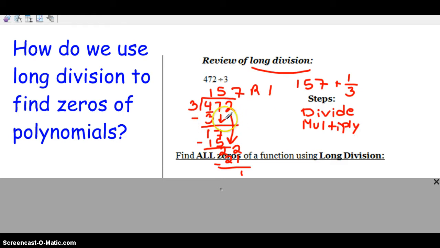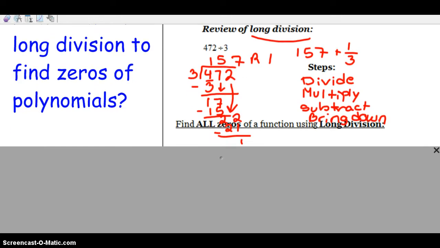You line up. You got to be very neat with your lineup. And then we subtract and bring down. Okay? So these steps hopefully sound familiar, since I know that you spent a lot of time on them before. Subtract and bring down the next term for us today, and here it was bring down the next position. All right? Okay, so divide, multiply, subtract, bring down. Those are our steps for long division.